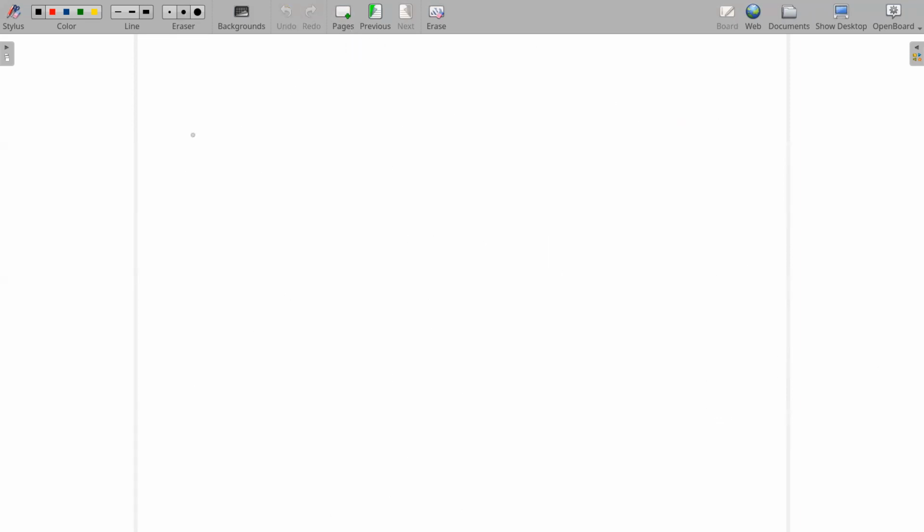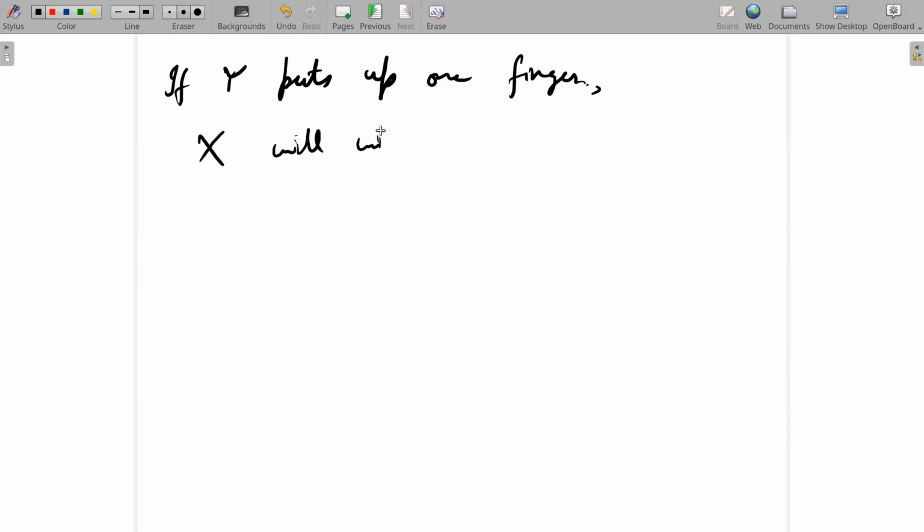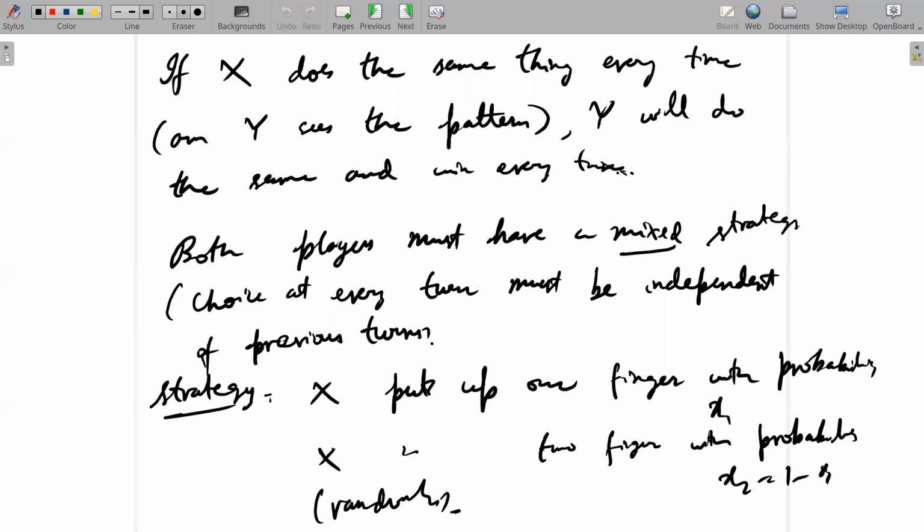Now, on average, let's say Y puts up one finger all the time, then how much does X win on average? Like, what is the expected value of the win? So if X has put up one finger, then he'll lose 100.